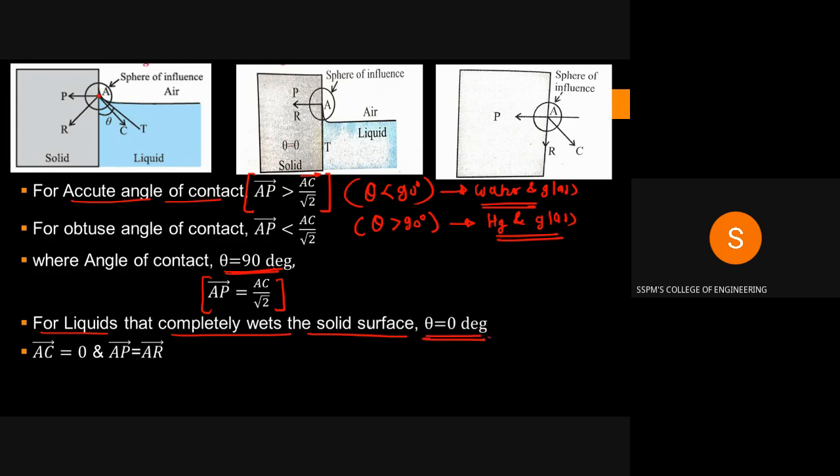If theta is equal to 0, the cohesive force is 0 and the adhesive force is the net force. So you can see this diagram. This is theta equal to 0. Total force is nothing but the adhesive force. And this is the common tangent line to this liquid surface. And therefore theta is equal to 0.